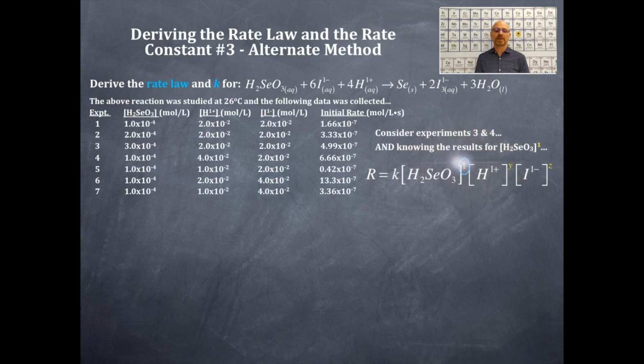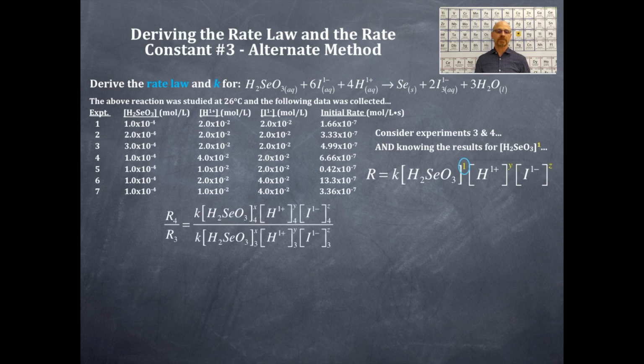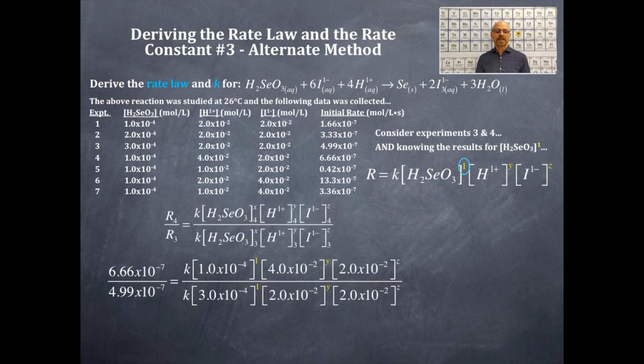And it just so happens that with experiments 3 and 4, that is the case, because I already know the H2SeO3 is set at a power or order of 1. So I'm going to plug in the data here, and you should see that with reactions 3 and 4, the iodide ion concentration is being held constant.